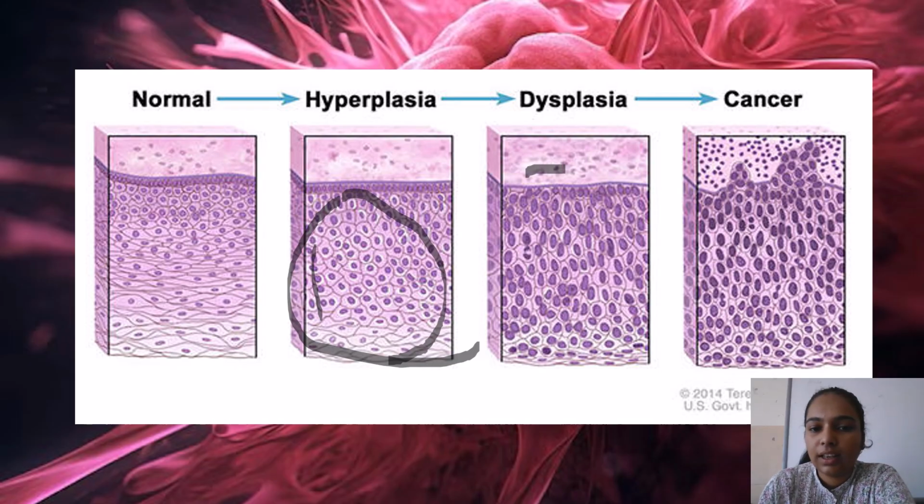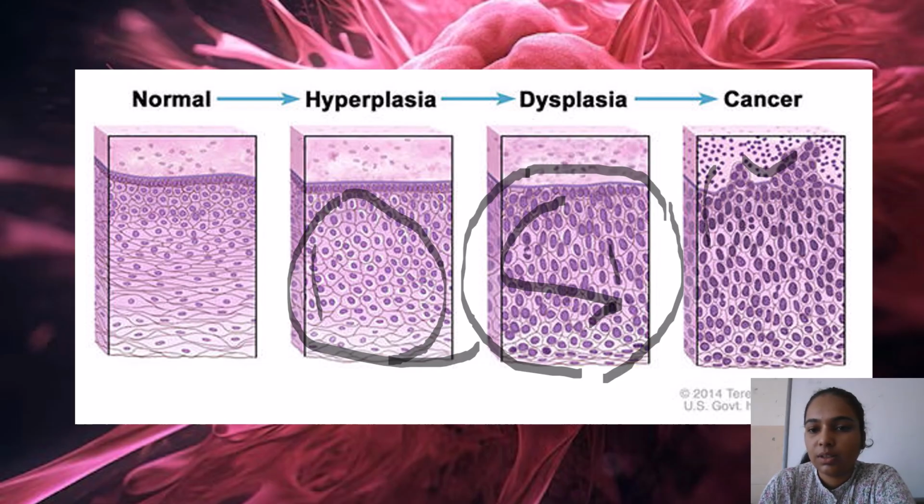Dysplasia is again a different stage, but it is similar to hyperplasia. You can see there is an abnormal growth of cells. And in cancer, it is again an abnormal growth of cells, but it has started invading other parts of the body.